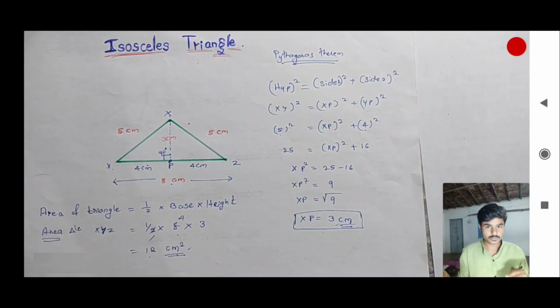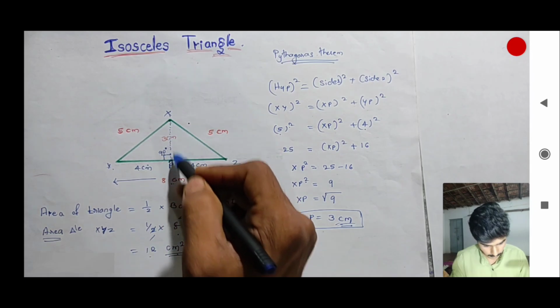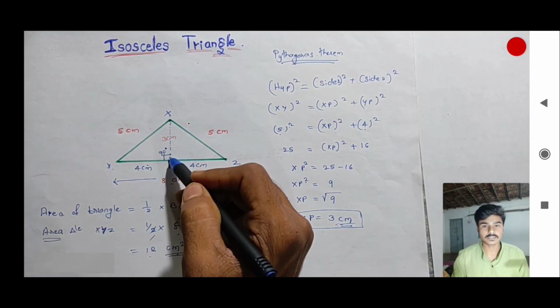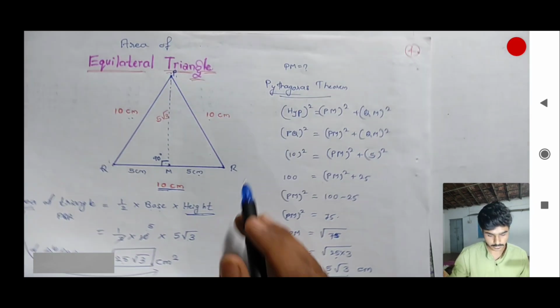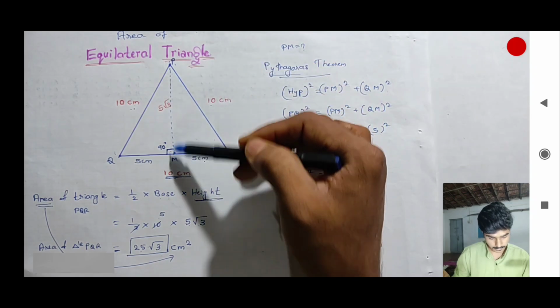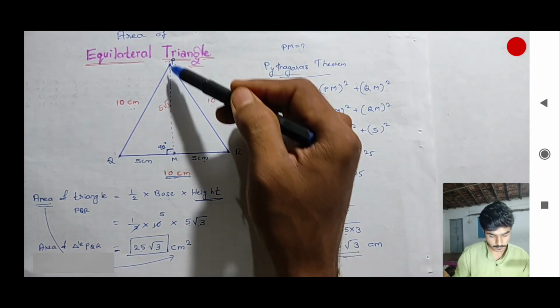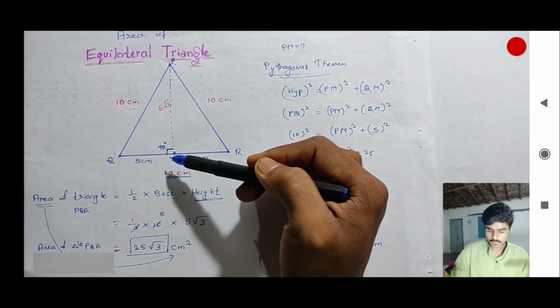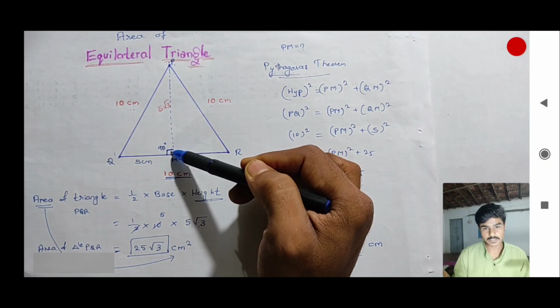If you observe here, by drawing a perpendicular line, we have created a right angle triangle. Likewise, I will take this one as an example also. In the equilateral triangle also, we have created a right angle triangle, that is 90-degree angle, by drawing perpendicular line PM. Why have we created a 90-degree angle?